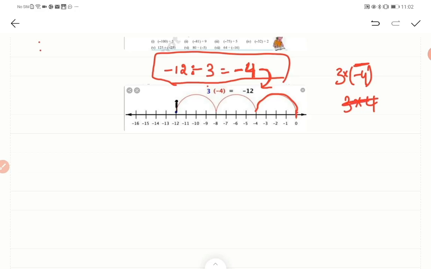Since this is minus 4, it moves from 0 to minus 4 in the first hop, then the second hop, and the third hop. In each jump you have minus 4 steps, right? 1, 2, 3, 4. These steps are nothing but your division answer.